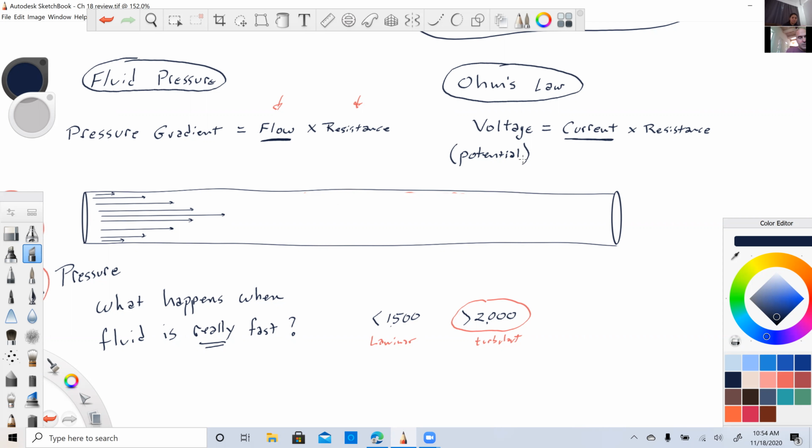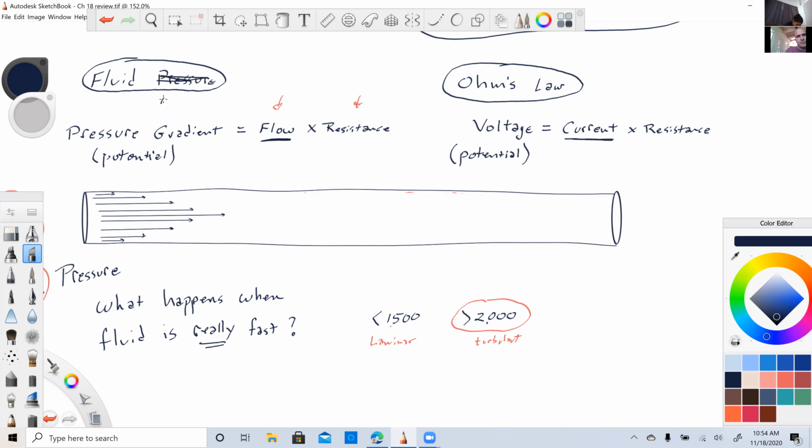So remember, pressure was also potential, and resistance is resistance. So the book mentions, and I don't know why, but if it's in the book, it could be on the test, Ohm's law and fluid pressure, or fluid flow.